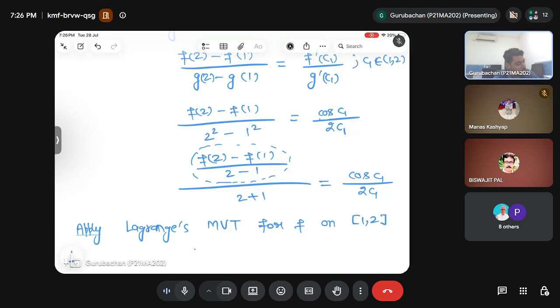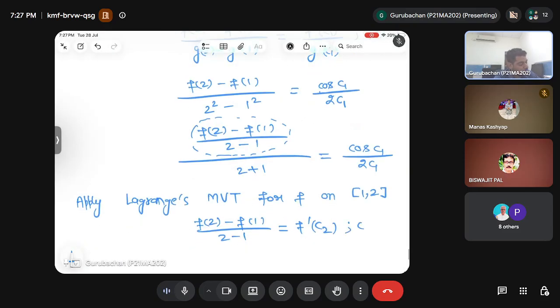So what you will get? f of 2 minus f of 1 divided by 2 minus 1 is equal to f dash of some c2. Obviously earlier we have used c1, so here it must be something different, c2, in (1, 2). So from here you will get f of 2 minus f of 1 divided by 2 minus 1 is equal to cos of c2.